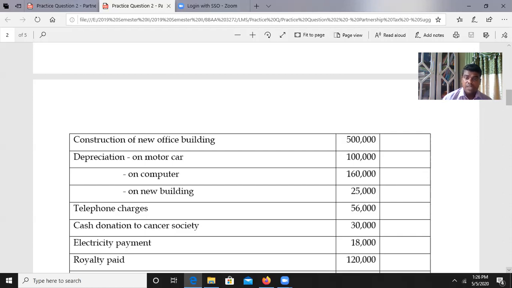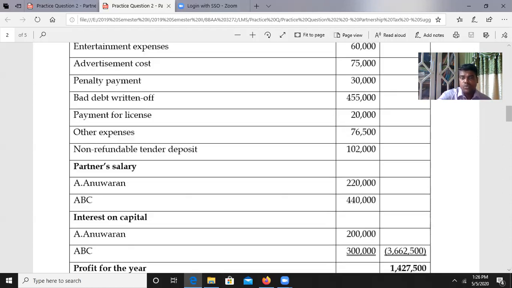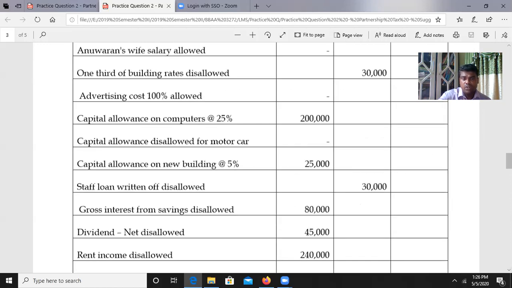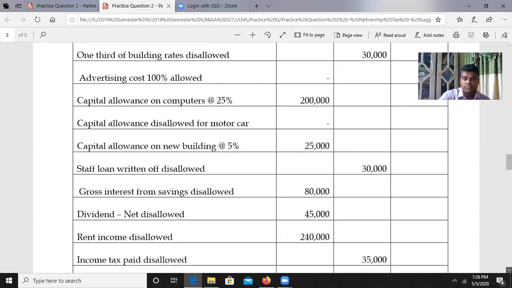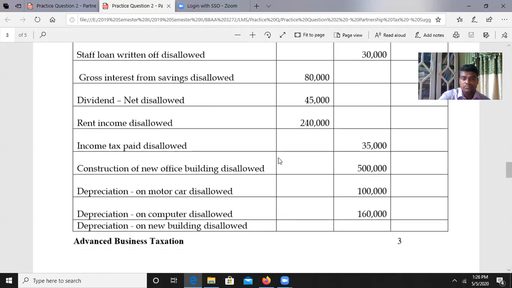Any repair on the building can be allowed, but this is related with the capital, so that should be excluded. That's why I removed it from the accounting profit. Construction of new office building disallowed: that amount was already deducted in the financial accounting, which is not accurate in the taxation and cannot be allowed. That's why that amount should be added with the accounting profit.